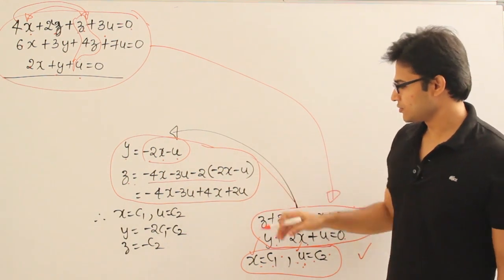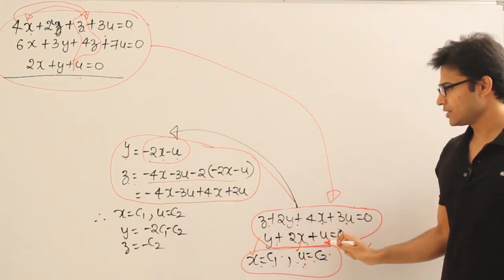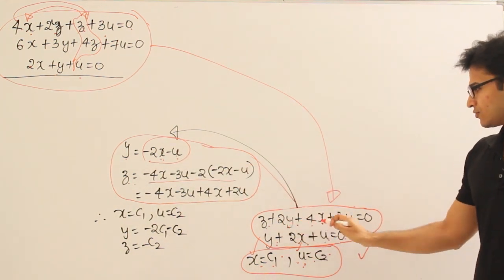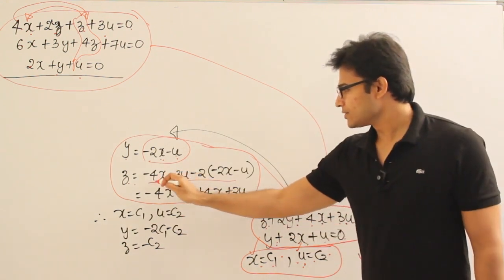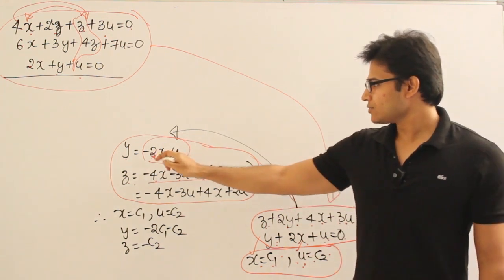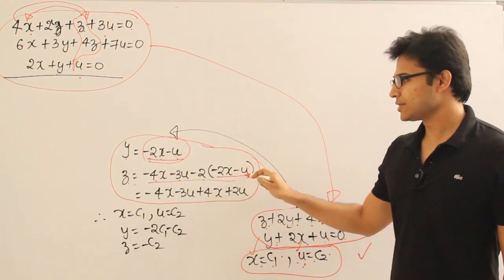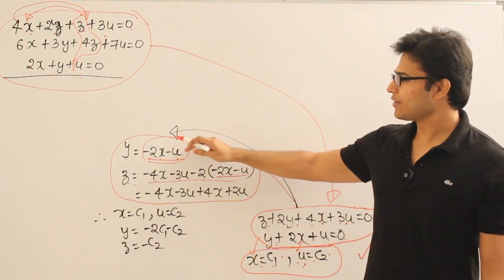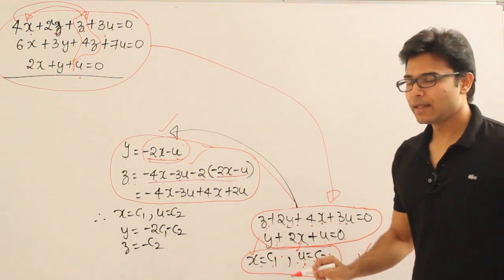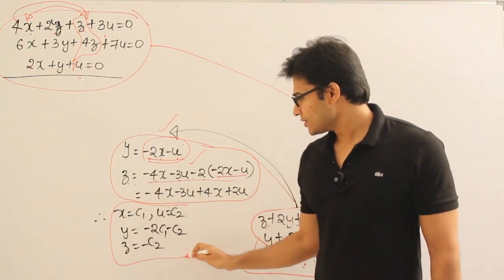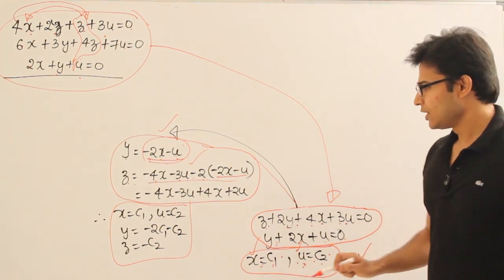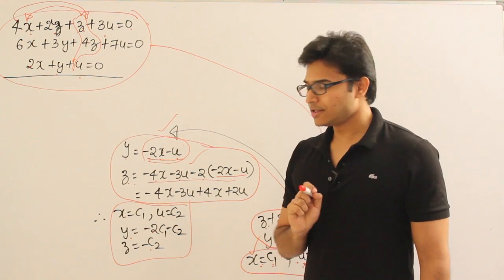From these 2 equations, y equal to minus 2x minus u, and z equal to minus 2y minus 4x minus 3u, and in place of y I substituted it. So finally I got y and z in terms of x and u. You have already assumed that x equal to c1 and u equal to c2, therefore I got y equal to this and z equal to this.